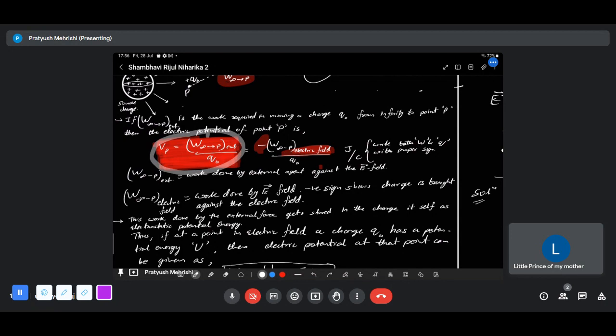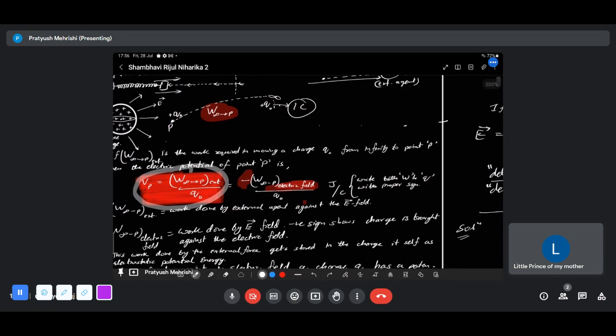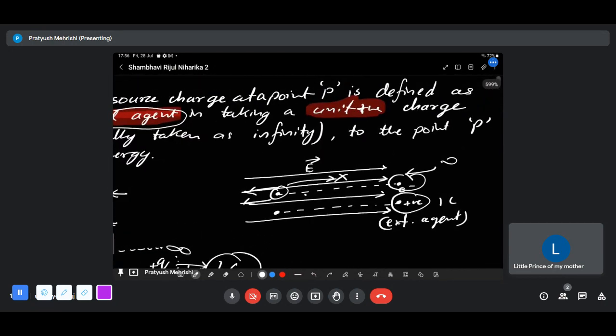Okay. Work done by the external agent is always opposite to the electric field. How? See, in the example we saw here, the electric field was trying to oppose the incoming charge, is it not? It is trying to oppose us. But is the charge stopping because of this opposition? No. The electric field is not able to stop the charge.